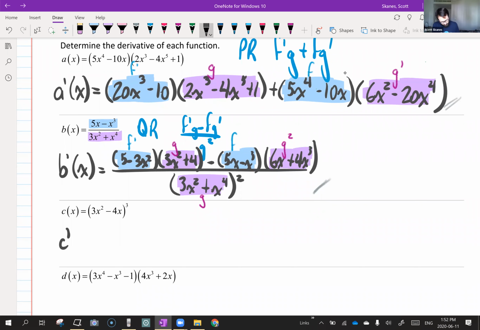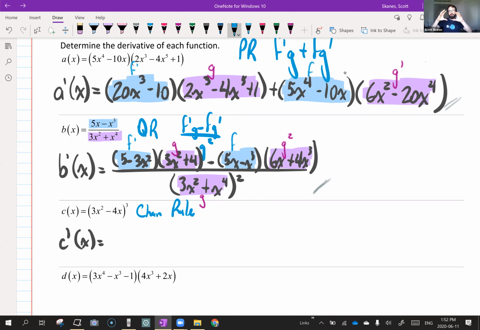C, or C prime. What do I have to do for this? Power rule. It's definitely in power rule form, but when it has a function inside, we have to call it the chain rule. Because we don't just get the derivative of the outside, we also get the derivative of the inside.